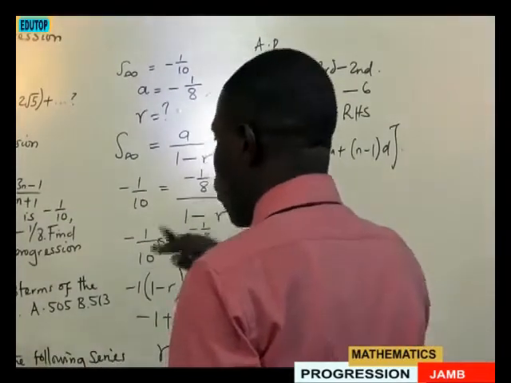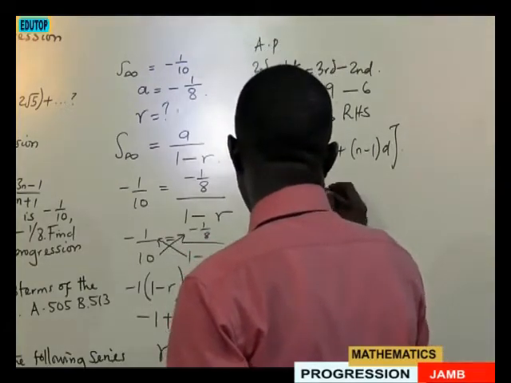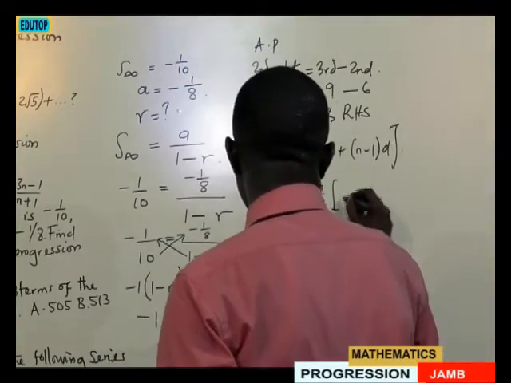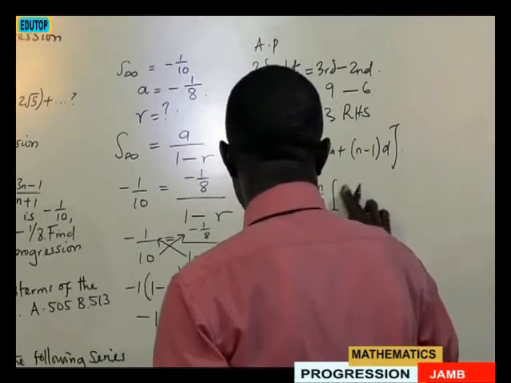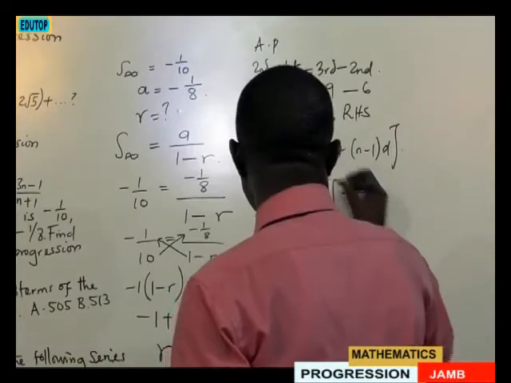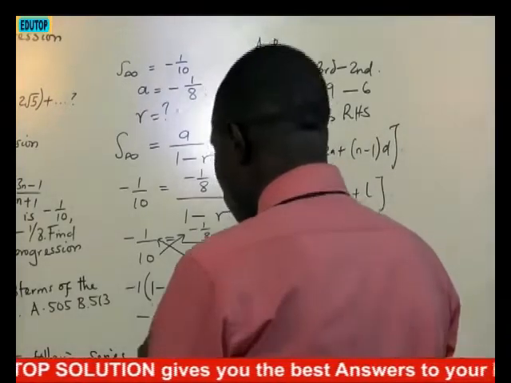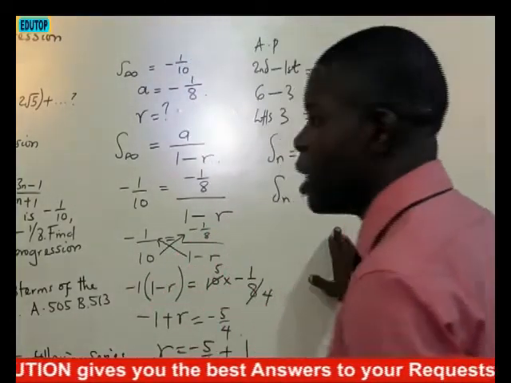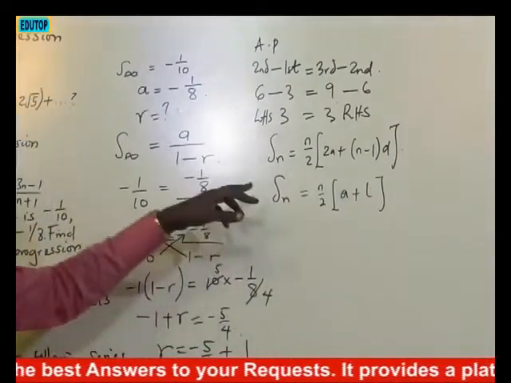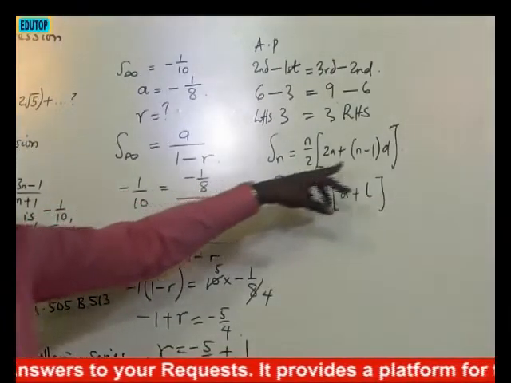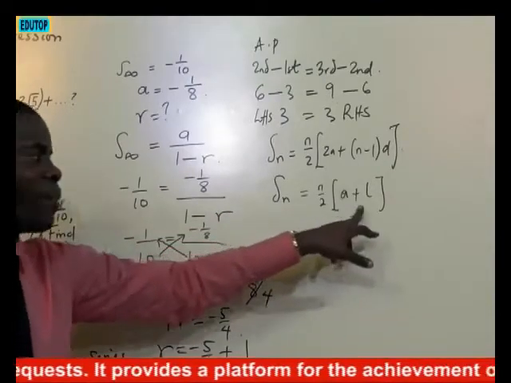The two formulae for calculating the sum of AP are this, and the second one is this. I gave these in when I was talking about the topic itself. So I told you that there are two formulae for calculating the sum of AP. The first one is used when the last term is not given, while the second one is used when the last term is given.